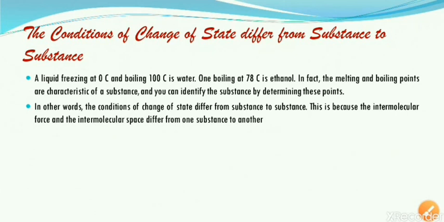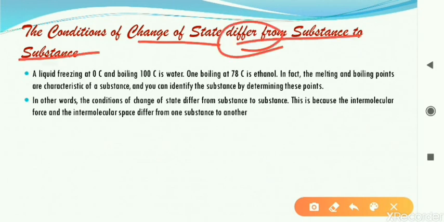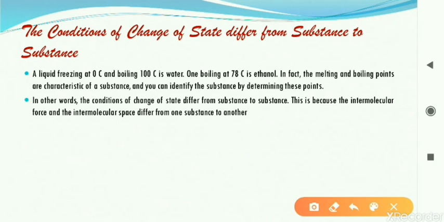Here, when we are looking at the interconversion of states of matter, an important aspect is that this change of state differs from substance to substance. Every substance can be different. The substances can change from one form to another in different manners, like ethanol and water. The boiling points are different. Ethanol converts into gaseous form at 78 degrees Celsius, whereas water boils or converts into gaseous form at 100 degrees Celsius.